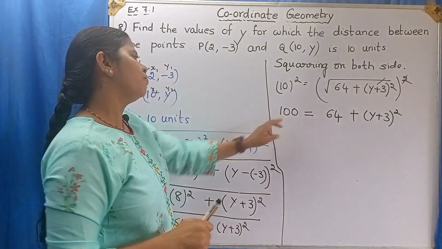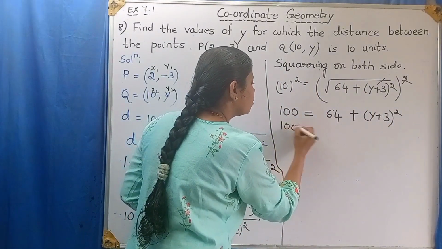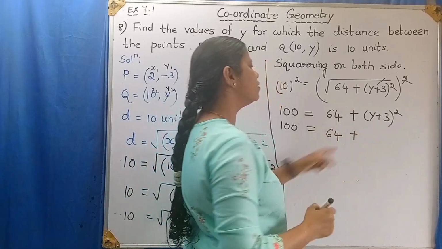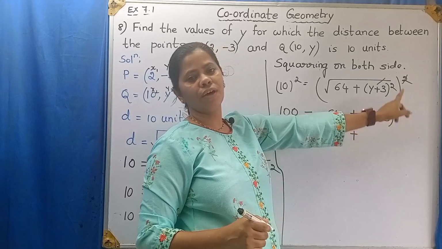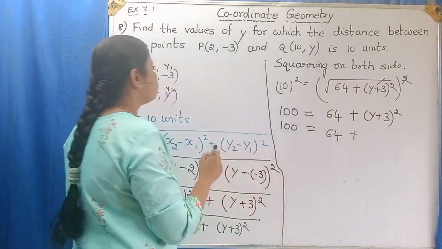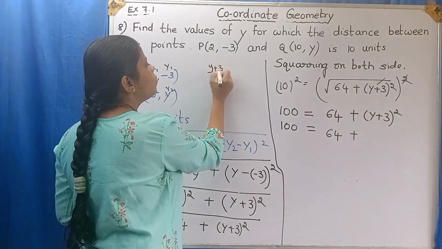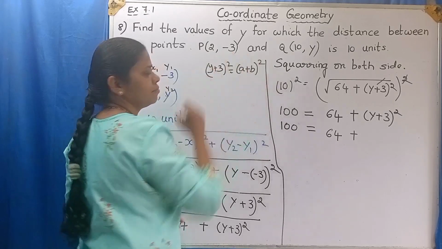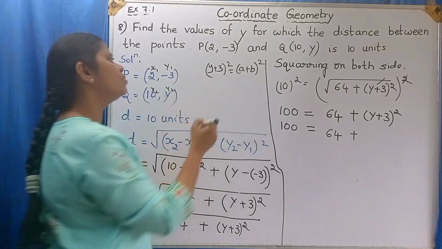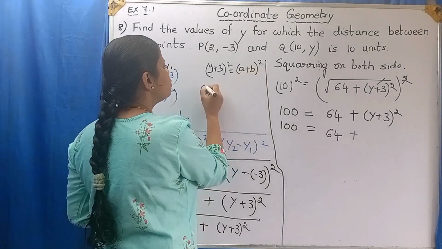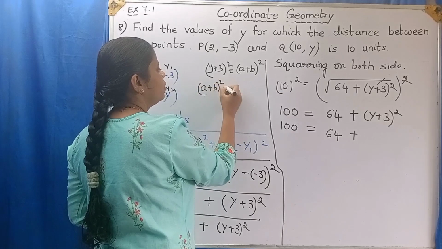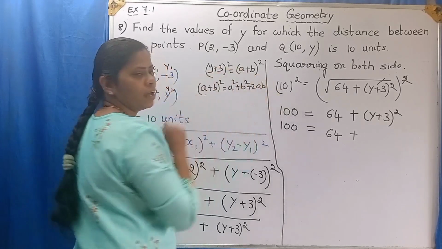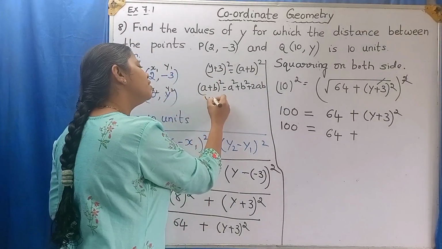Now, 100 is equal to 64 plus (y plus 3) the whole square. It is in the form of (a plus b) the whole square, right? So, what is the formula? (a plus b) the whole square is equal to a square plus b square plus 2ab. This is the formula, right? Then (y plus 3) the whole square.